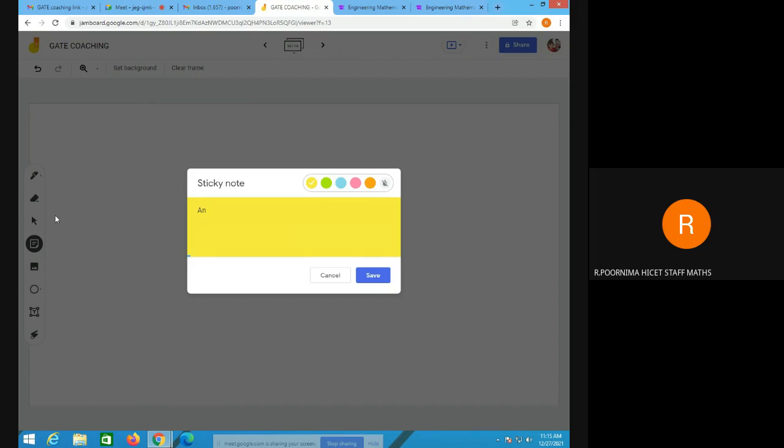An urn A contains 6 white balls and 7 black balls, and urn B contains 8 white balls and 6 black balls.